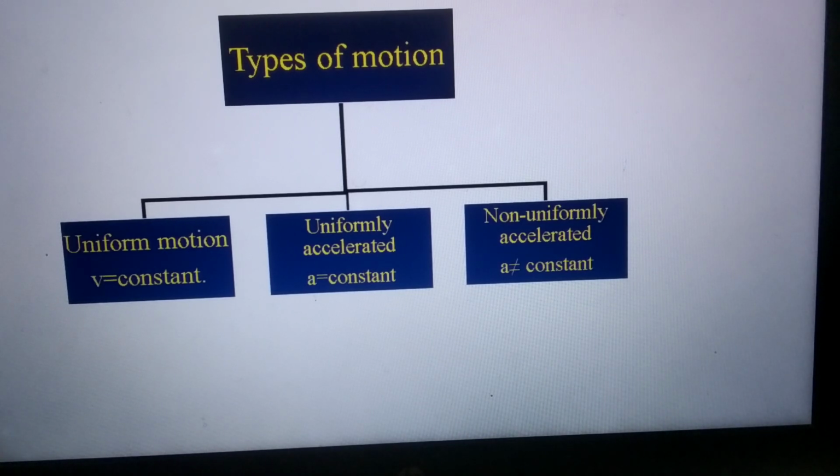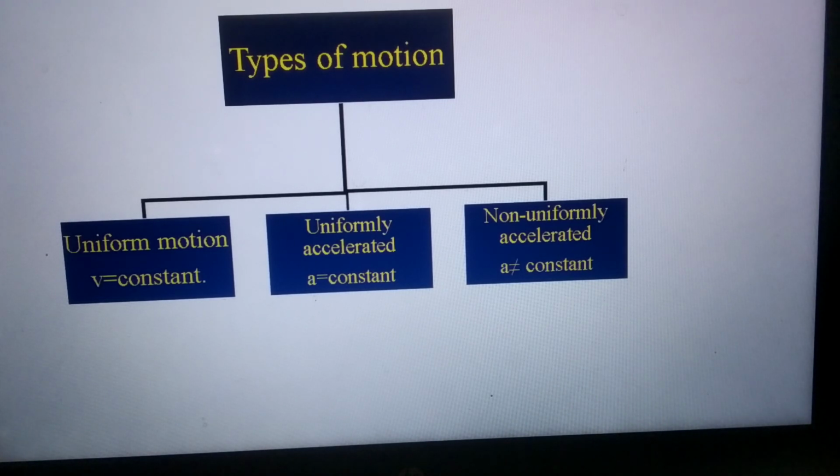The other type of motion is uniform circular motion, which you can see in daily life examples.